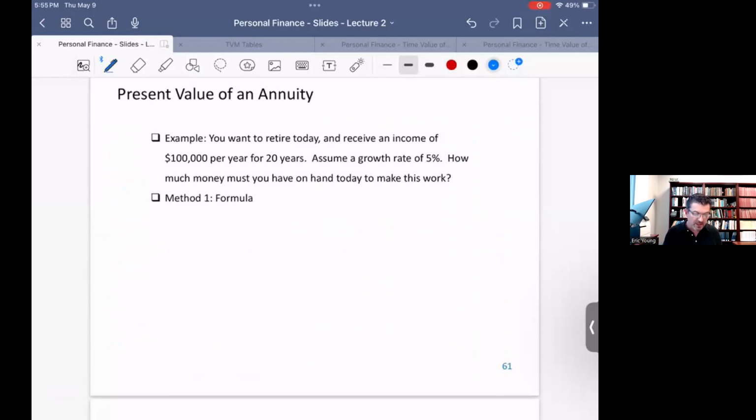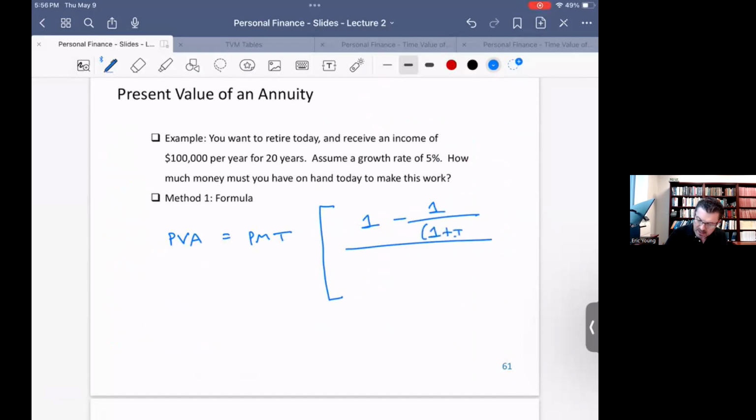Now, this formula you don't want to do. It's nasty. The present value of an annuity is equal to the payment multiplied by 1 minus 1 over 1 plus I raised to the N, over I. This is not fun.